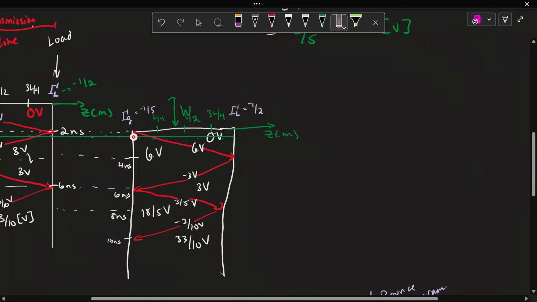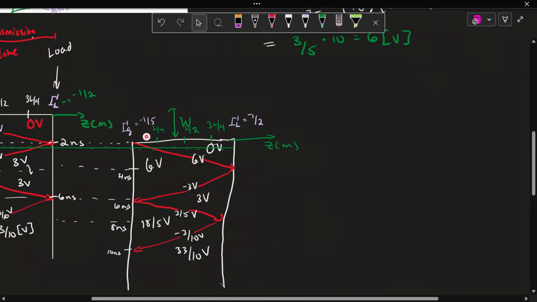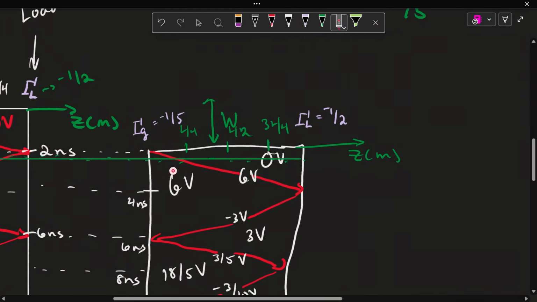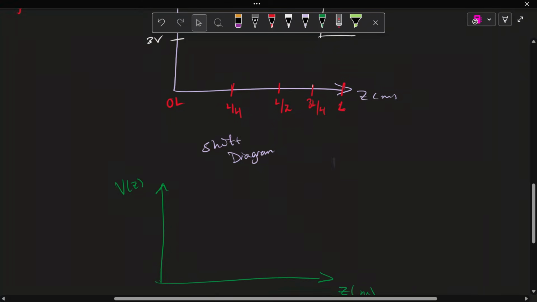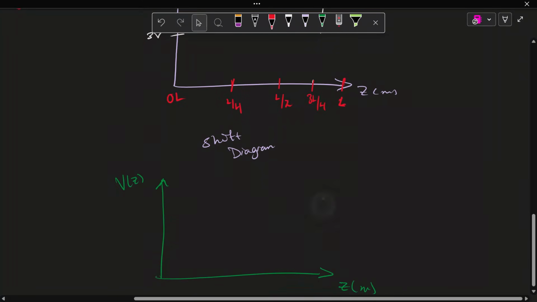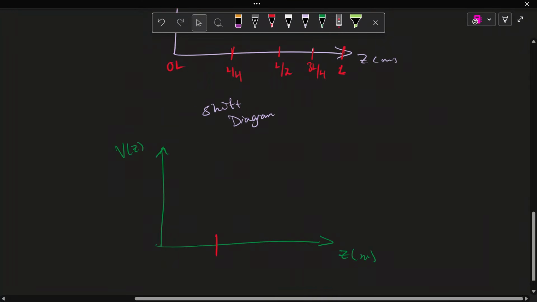So again, we go here, and now we reach, this is about L over 4, so what is the voltage of this line? It's 6 volts. 6 volts up until L over 4. So we'll try and keep this in line right here. This is L over 4. And now this is L over 2. We'll make this a little longer, actually.